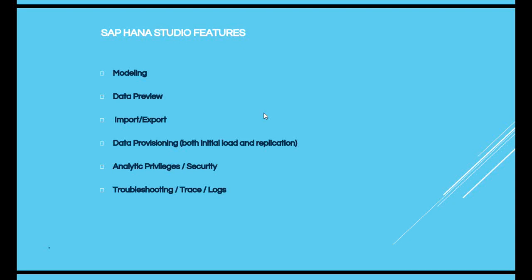Your HANA Studio is built on a Java application, while the HANA database and whatever code is present in the back end is built with C++. The studio features are modeling, data preview, that is checking the data, then exporting and importing database objects, data provisioning, creating security objects for the database views that we create in HANA, and troubleshooting.